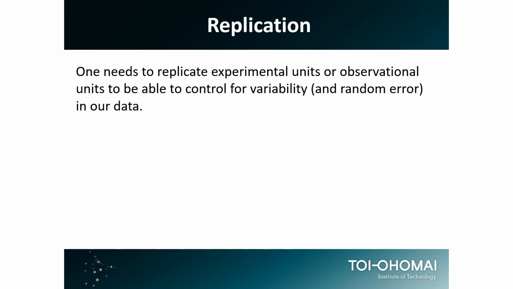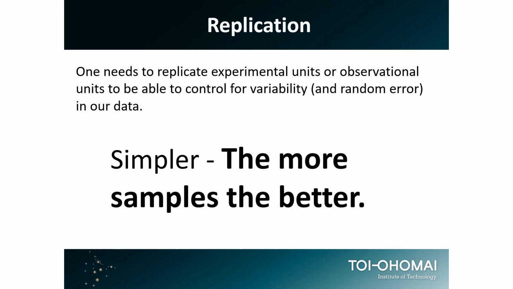So if you do 2, you're going to have a better chance of getting the true mean, and 3, a better chance. In general, the more samples you can take, the better you'll be. You'll have more statistical power and more confidence about your assertion of whatever you believe to be true about that population.